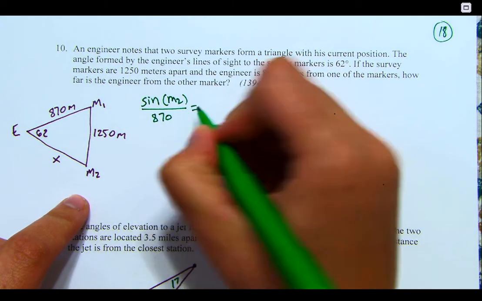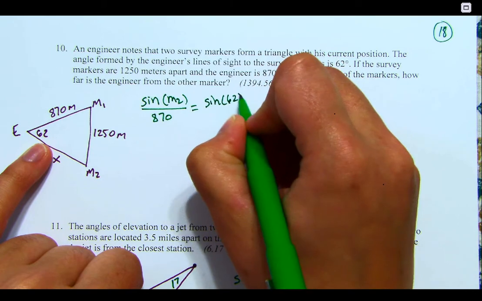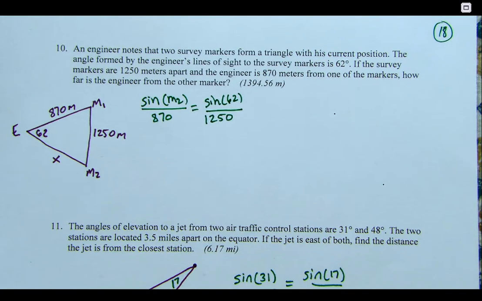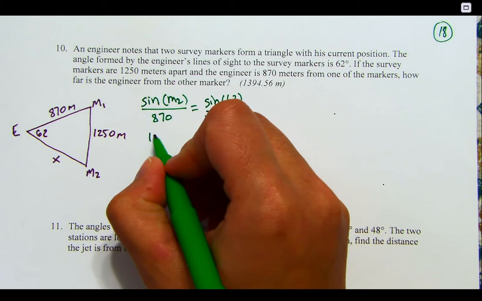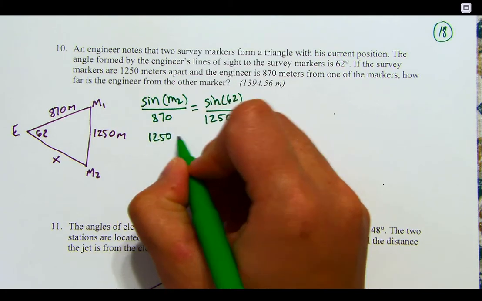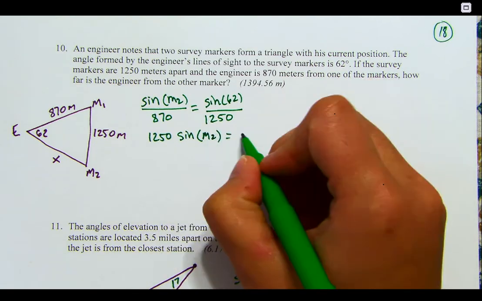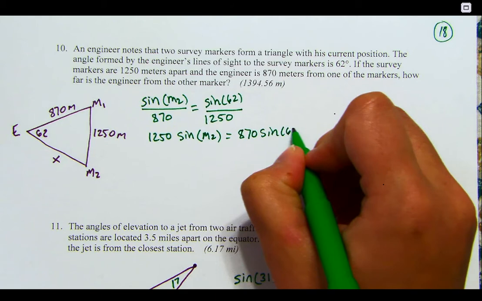And then that's going to equal the sine of 62 over 1,250. Okay. So I'm going to cross multiply. So I would have 1,250 sine of marker 2 equal to 870 sine 62.